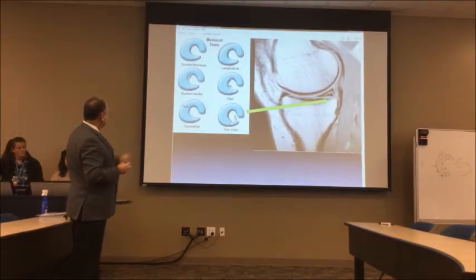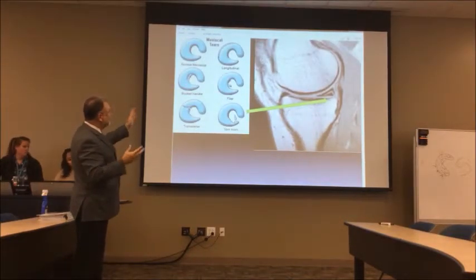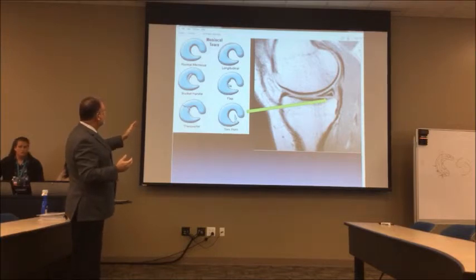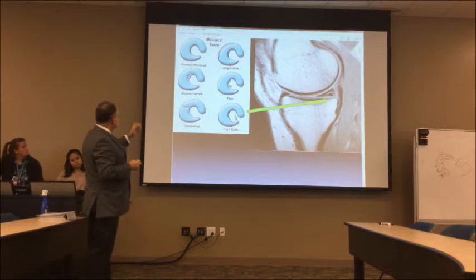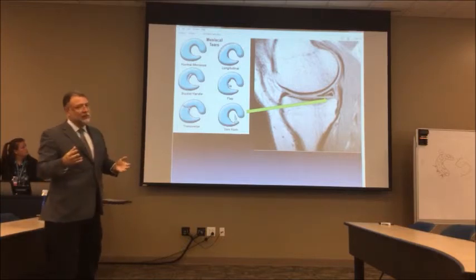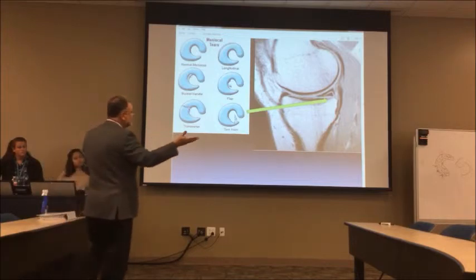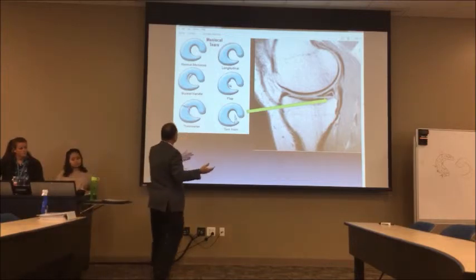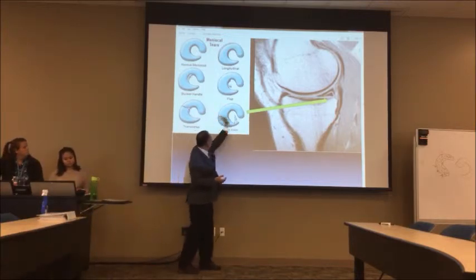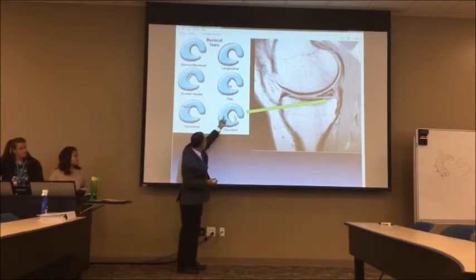So there are different types of tears along the meniscus. The bucket handle seen in the middle on the left side is probably one of the most common types of injuries. But there can be a bulge from its origin, so the whole thing can flip over, not necessarily having a tear here, but a bulging from there.